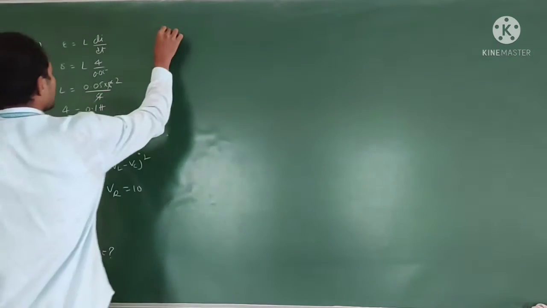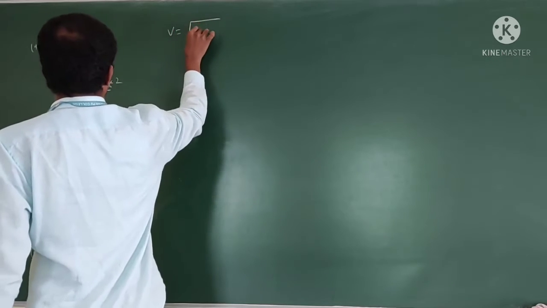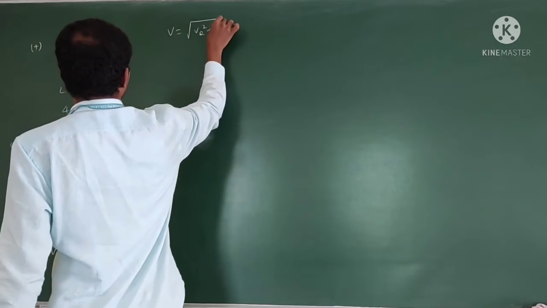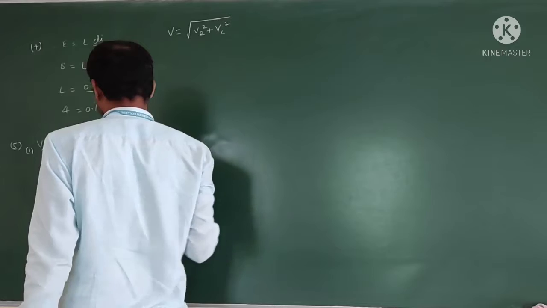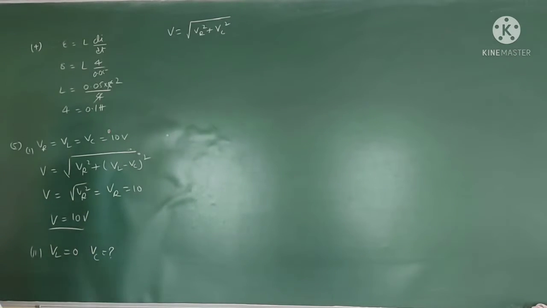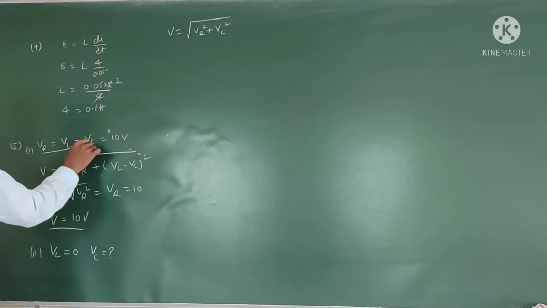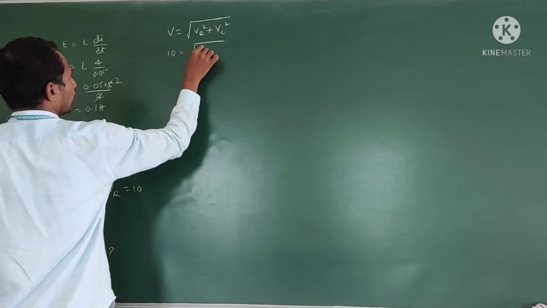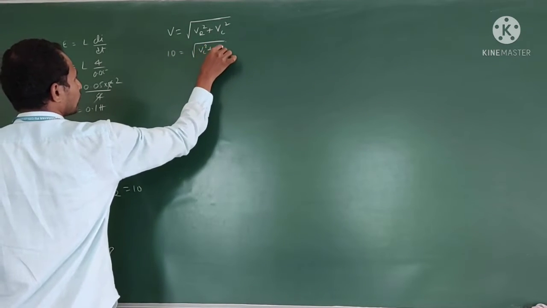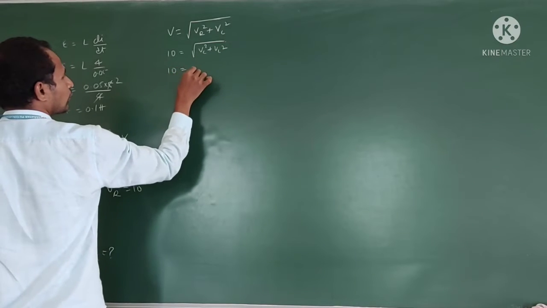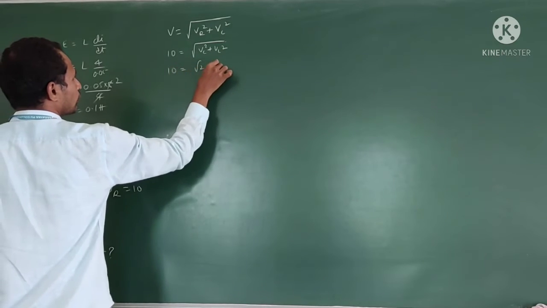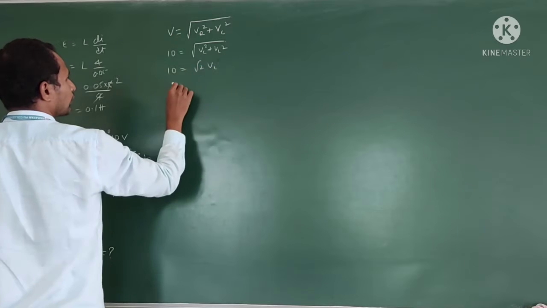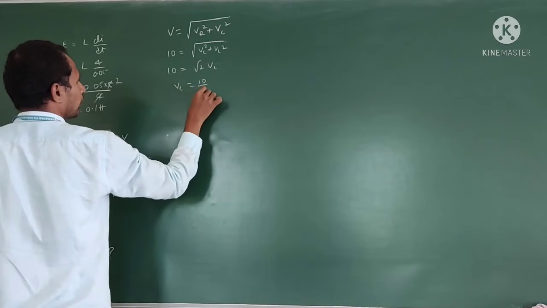Then V is equal to under root of VR square plus VC square, because VL is 0. According to this condition, VR and VC are the same. So 10 is equal to under root of VC square plus VC square. So this is root 2 VC square. Sorry, root 2 VC. So VC is equal to 10 by root 2.